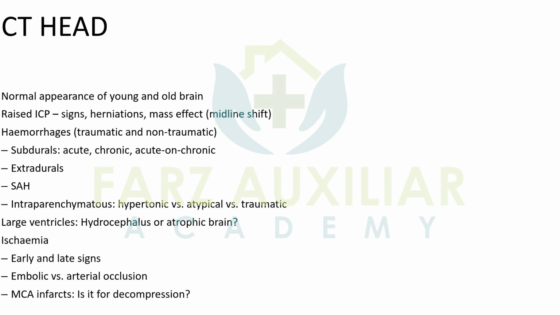Then in CT head, they can ask what the raised ICP signs are, herniation, mass effect, hemorrhages like subdural, extradural, SAH, intraparenchymal, large ventricle, hydrocephalus, atrophic brain, ischemia, early versus late signs, embolic versus arterial occlusion, MCA infarct.